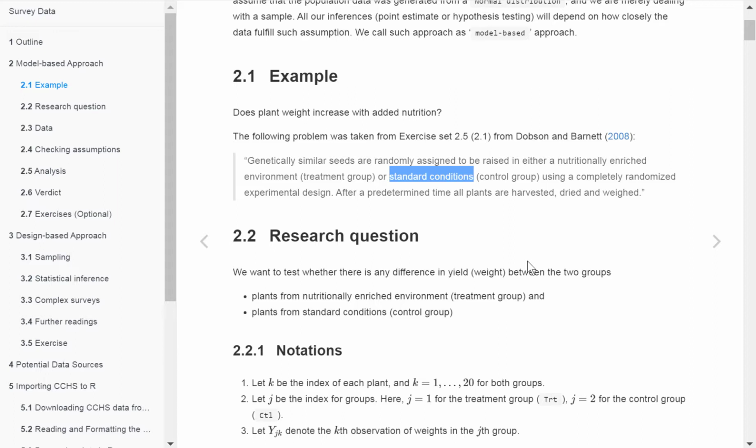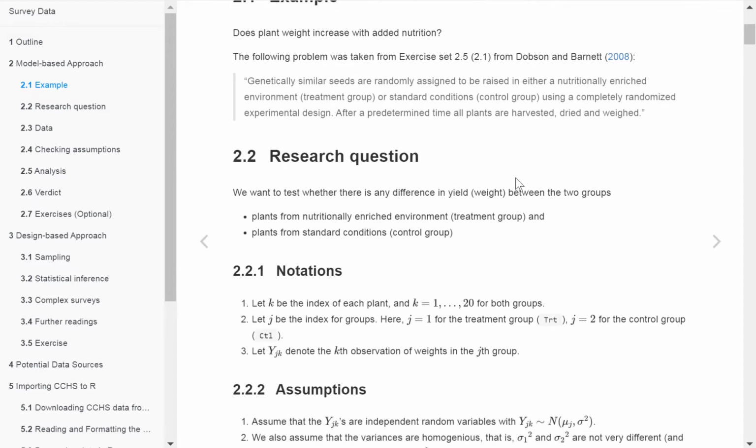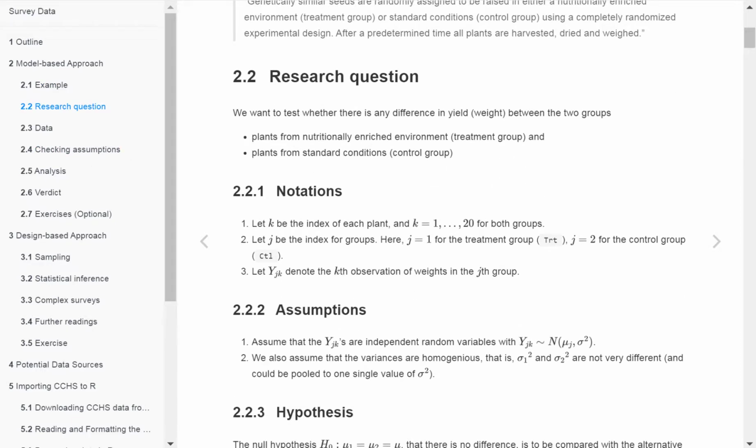And we are also getting this data from a completely randomized experimental design. That means that who gets to be in the treatment group and who gets to be in the control group are completely randomized. In this particular situation, the research question is we want to test whether there is any difference in the yield or the weight between the two groups.